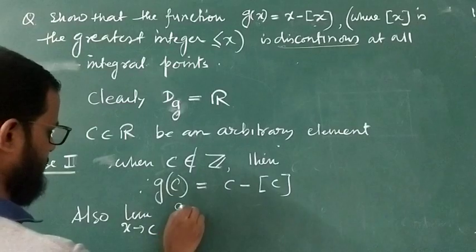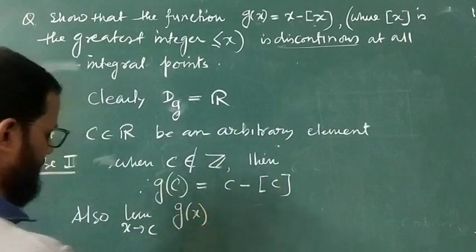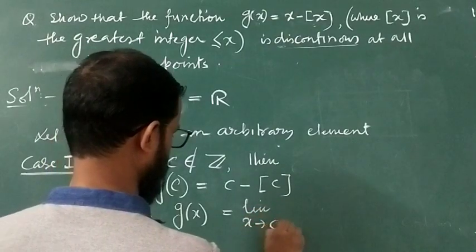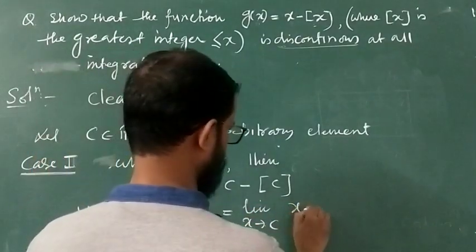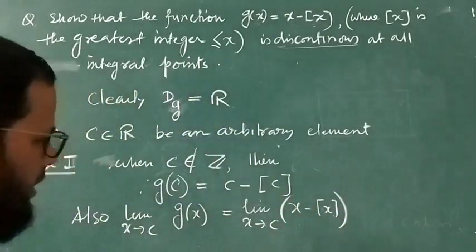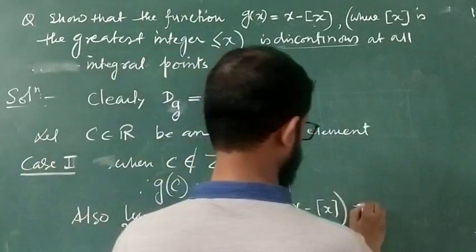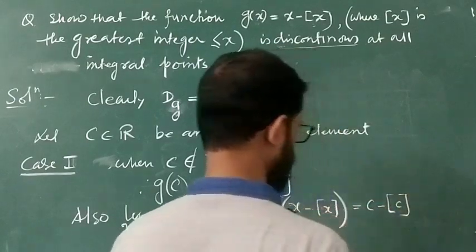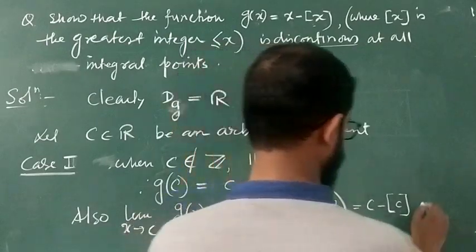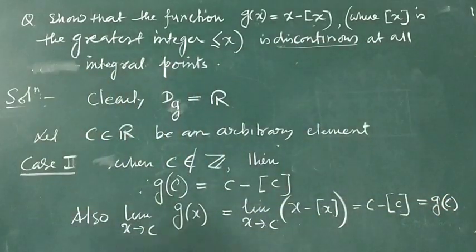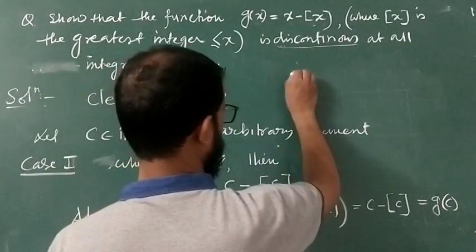The limit as x tends to C of G of x equals x minus box x, and if you put the limit here, you will get C minus box C. And C minus box C we already have, it is equal to G of C. Understood?